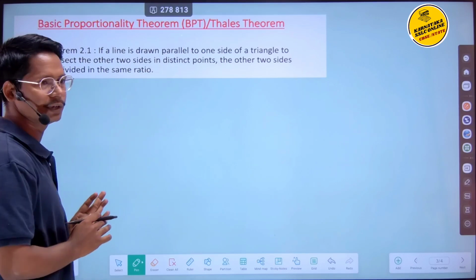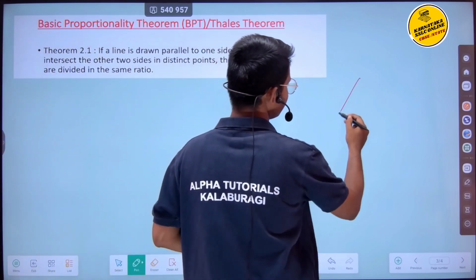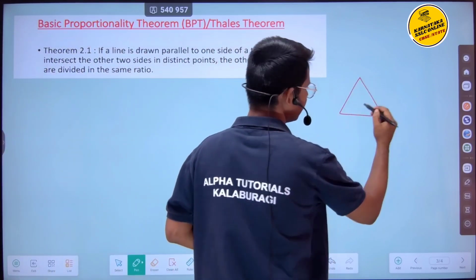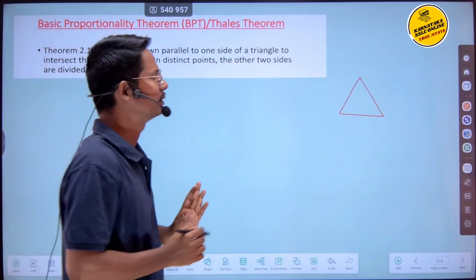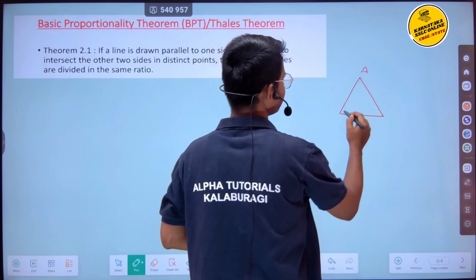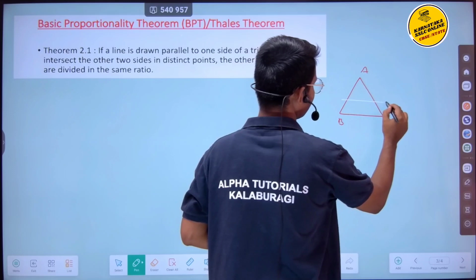First let us consider a triangle. Roughly I'll just explain. Consider a triangle ABC, and draw a line parallel to any one side, for example parallel to BC.